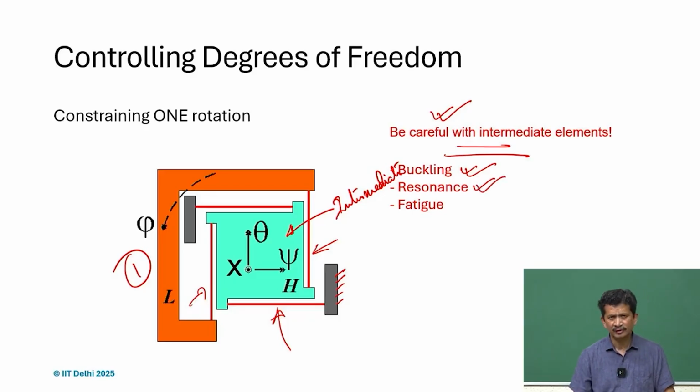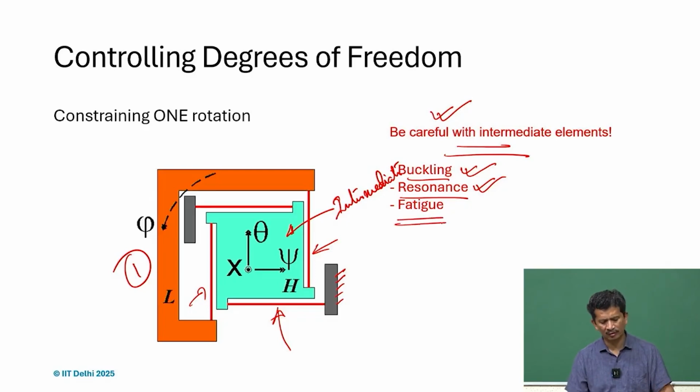Other is, since the intermediate body is suspended on these highly flexible members, the stiffness can be very low, and we may encounter resonance, and that will also give rise to many problems. Fatigue is another issue.